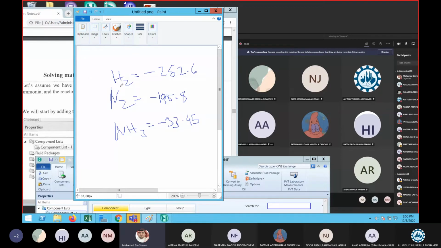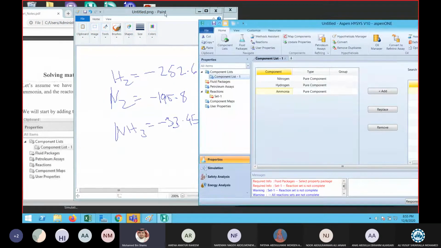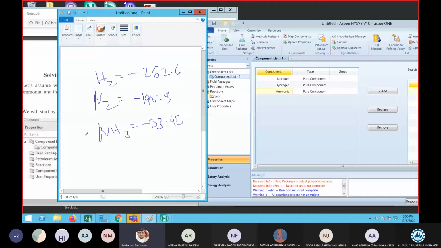So also, which component of these has the highest vapor pressure? Hydrogen, nitrogen, or ammonia? Which one has the highest vapor pressure? The lighter. Okay, the lighter always has the highest vapor pressure. So the highest vapor pressure is for hydrogen.